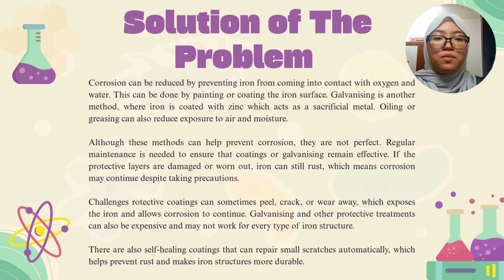If the protective layers are damaged or worn out, iron can still rust, which means corrosion may continue despite taking precautions. Protective coatings can sometimes peel, crack, or wear away, which exposes the iron and allows corrosion to continue.